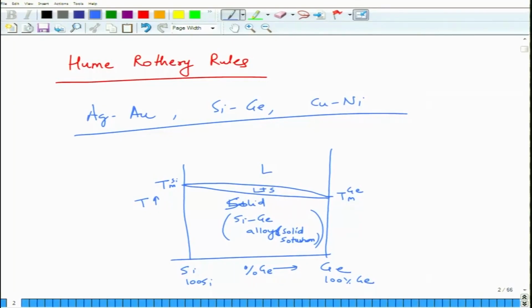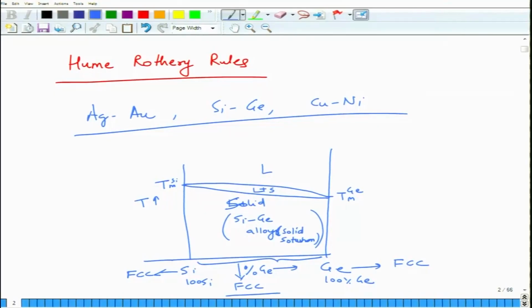At 0% germanium it has an FCC structure, at 100% germanium it also has an FCC structure, and intermediate compositions also have an FCC structure all throughout. It is happening within the same structure, the same lattice.